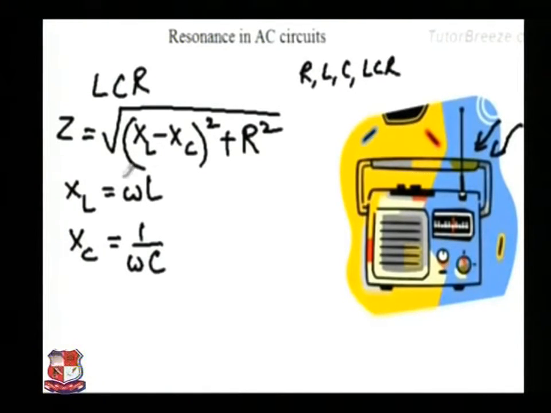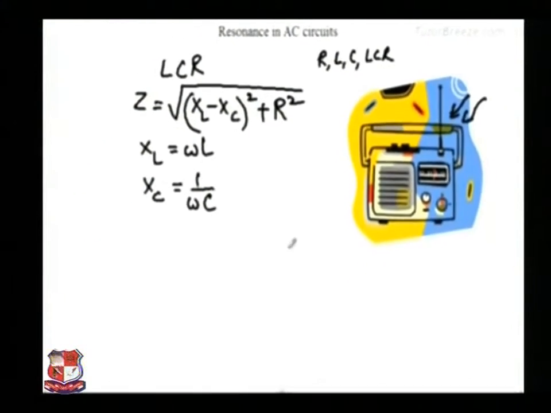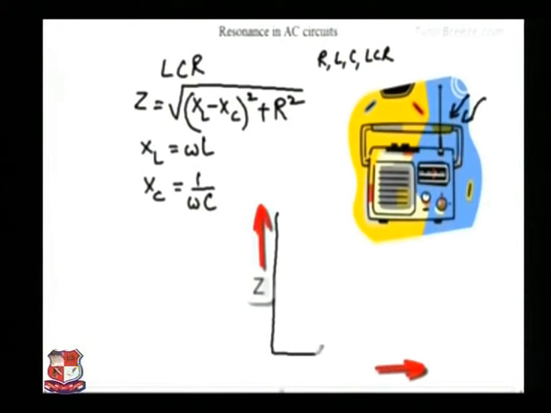Now you can see that since both of them depend on the frequency omega, the total impedance Z will also change with the frequency. If I draw a graph for each of them, this is something which has been discussed earlier. This would be the graph for XL, since the inductive reactance is directly proportional to frequency.